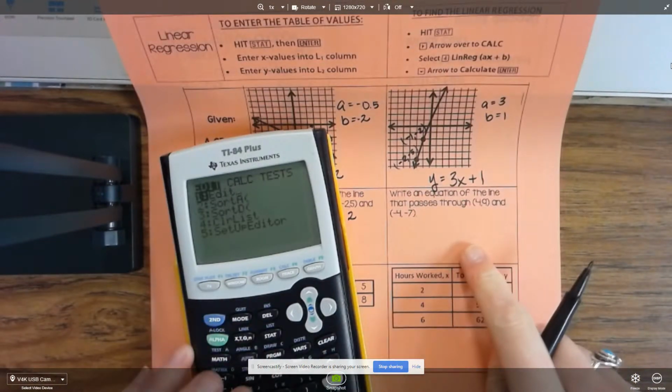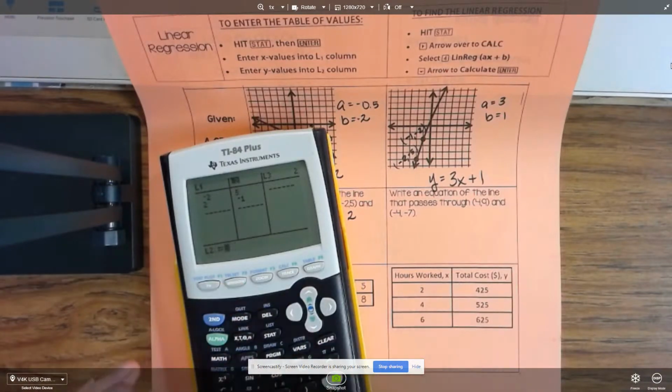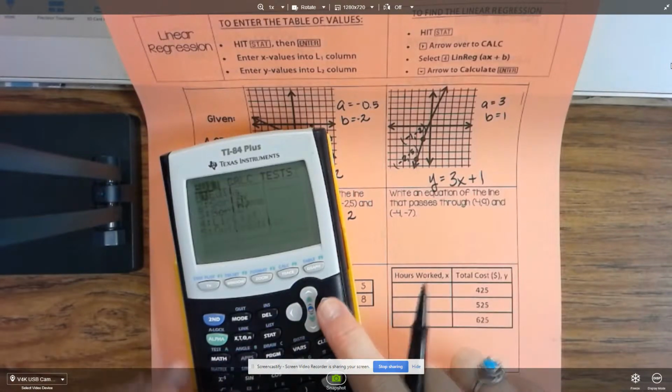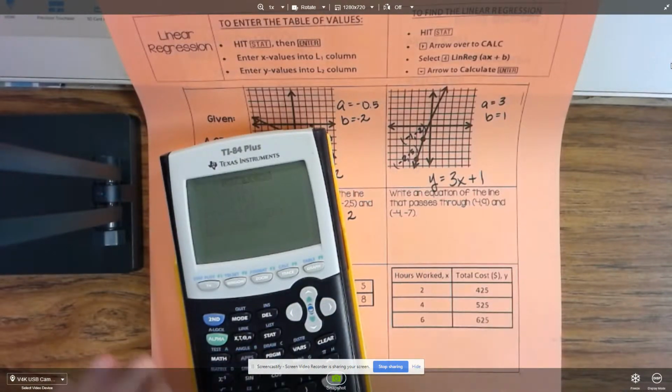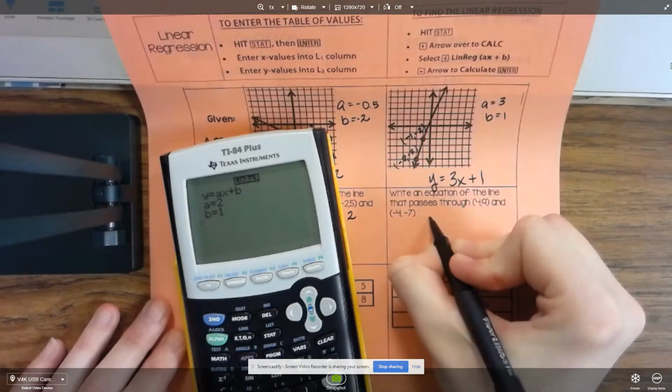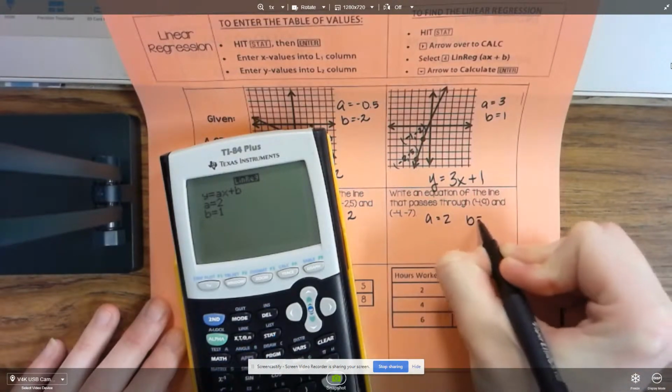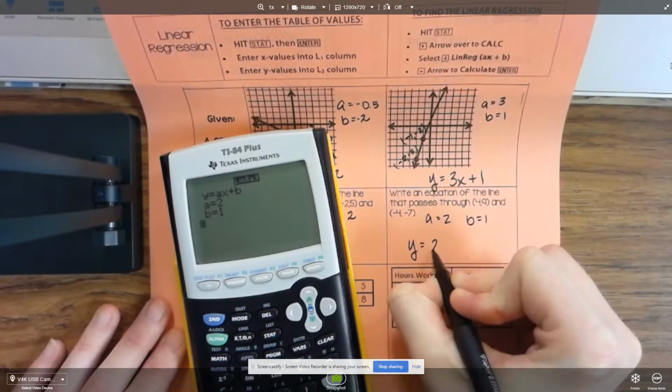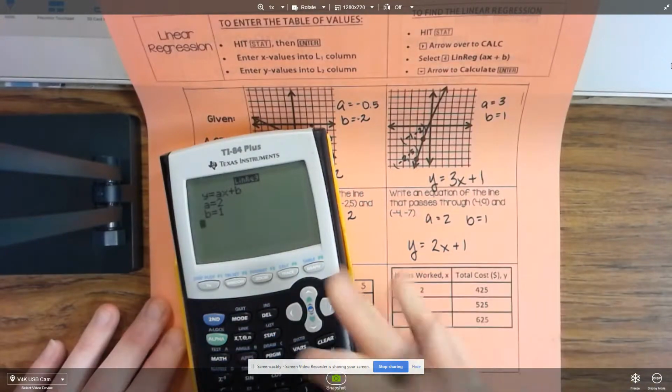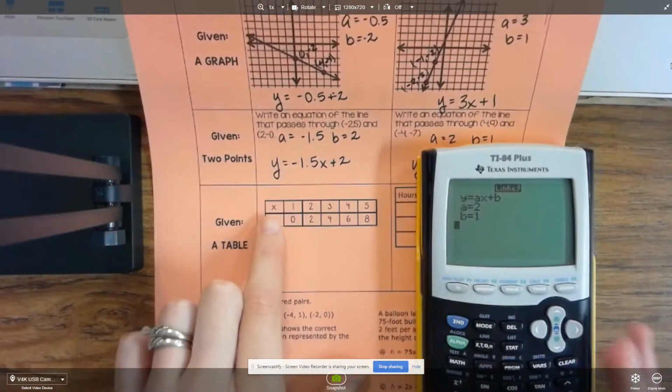All right, the next set of ordered pairs. I've got a 4 and a -4, and a 9 and a -7. So my a is 2, my b is 1, so y equals 2x plus 1. The tables work the same way.